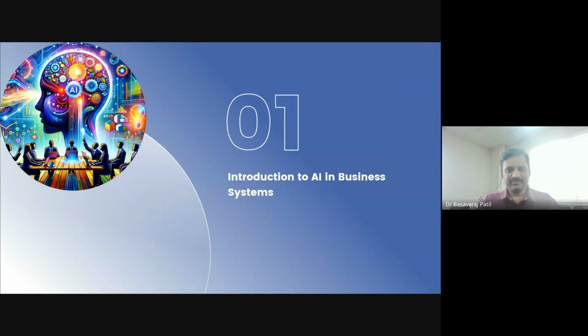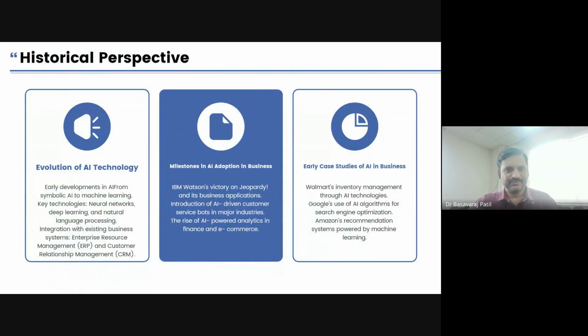Firstly, the overview of the history of AI. Everyone is coming across the name of AI-based technology, AI-based tools, AI-based applications. AI is not new. AI was founded long back.